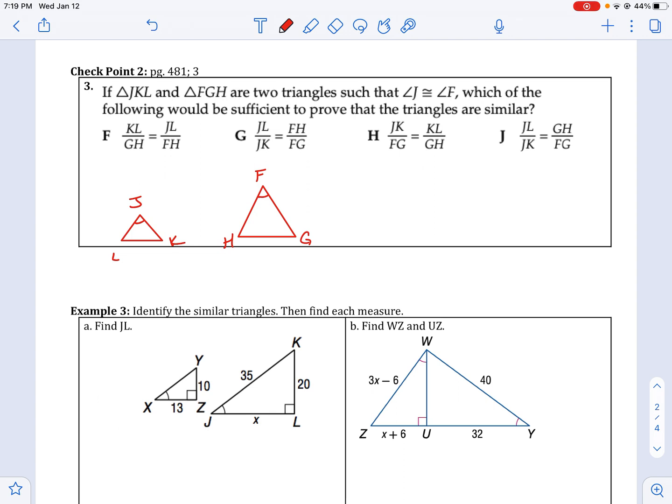I'm going to check for side angle side similarity, because they're giving me two pairs of sides and I have an angle already. So what would I need to get side angle side? Well, in this triangle I would need what sides, and in this triangle I would need what sides. I'd like you to try this one on your own. Pause the video and then unpause whenever you're done to check your work.